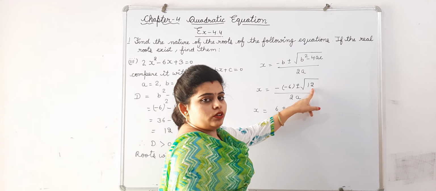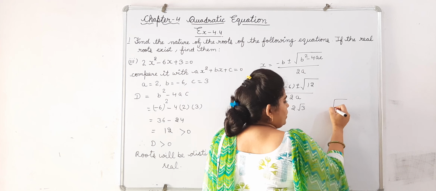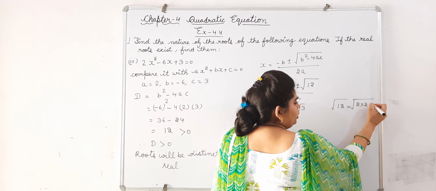On solving it, we will get 2 root 3. How? Root 12 can be written as root of 2 into 2 into 3.